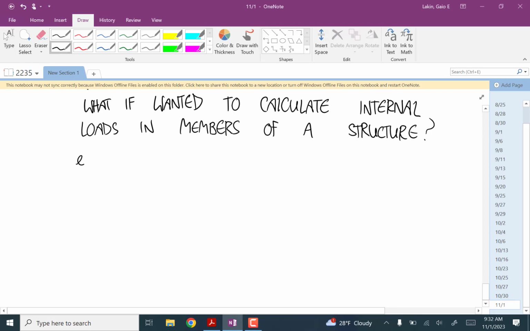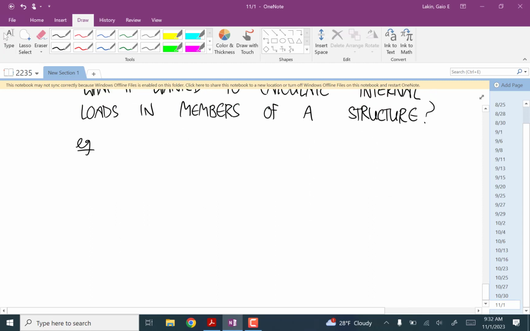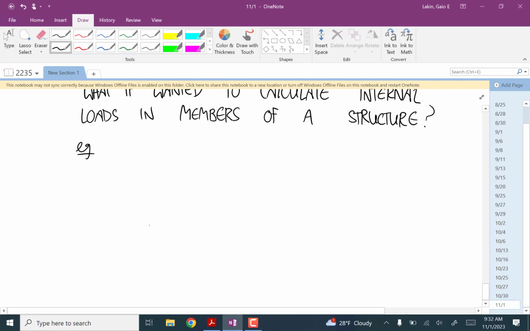So, for example, what if you had, I'll just make the simplest one I can think of. That's a pin joint.